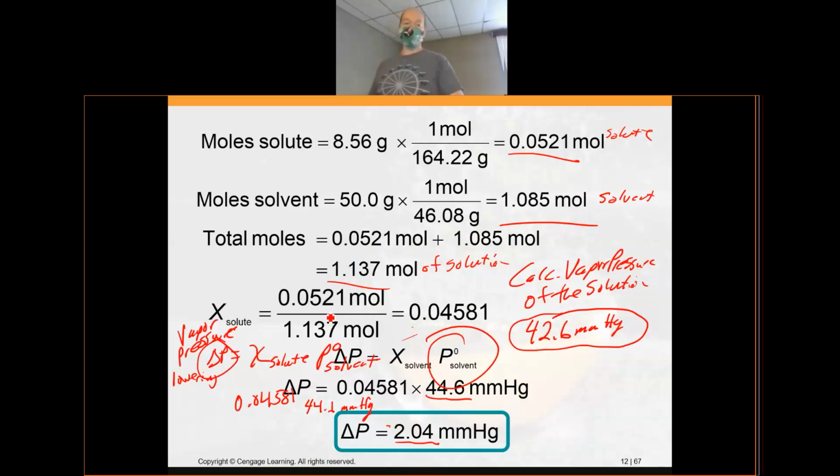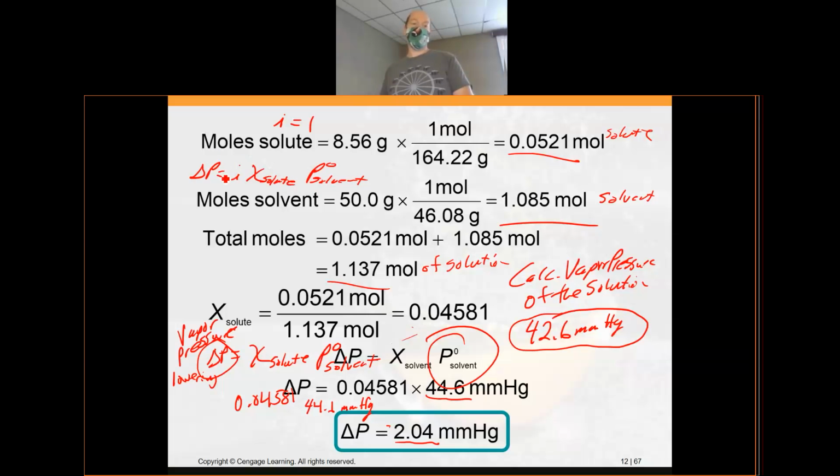Oh, well, yes. Okay, so this was with an I value equal to 1. Because if it were sodium chloride, then you would have a different equation. So the better equation is you put an I in there. So I times the mole fraction of your solute times the pure solvent.